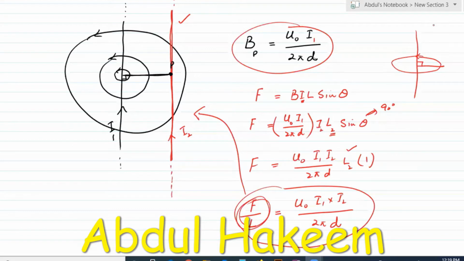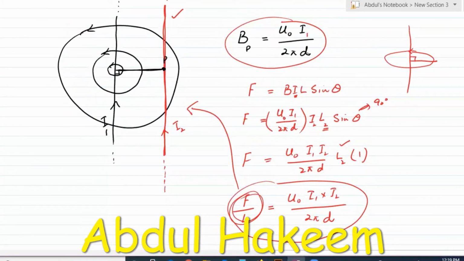Now we have to find the direction of this force experienced by the red wire. Look, this black wire's field direction is this. It is horizontal, but it is vertical. It is similar to inside the board, but the wire is carrying current downward.